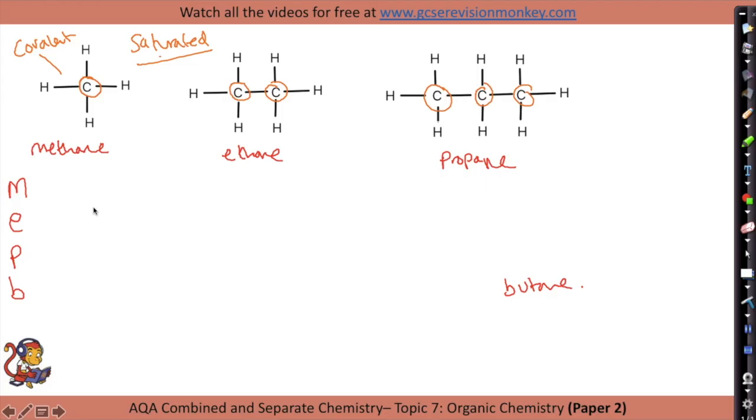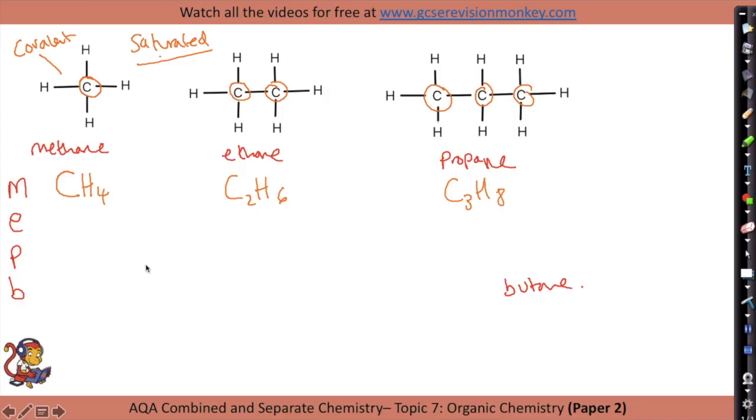We can write the formula for methane because it's got 1 carbon and 4 hydrogens, it's CH4. Ethane has 2 carbons and 6 hydrogens. Propane has 3 carbons and 8 hydrogens.